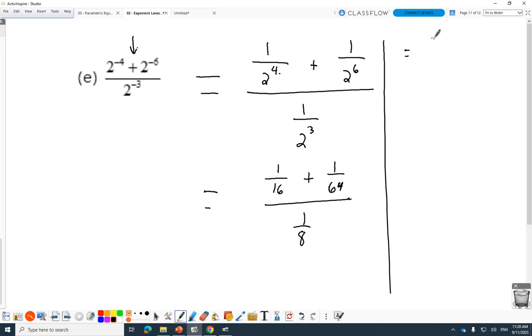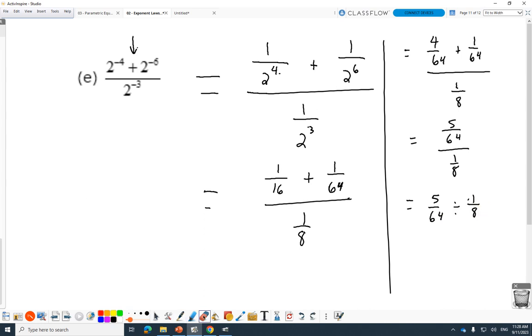It'd be 4 over 64 plus 1 over 64 all over 1 over 8. Which is 5 over 64 divided by 1 over 8, which I'm going to write in a way that might actually help you. 5 over 64 divided by 1 over 8 equals 5 over 64 times 8 over 1, which is 40 over 64.